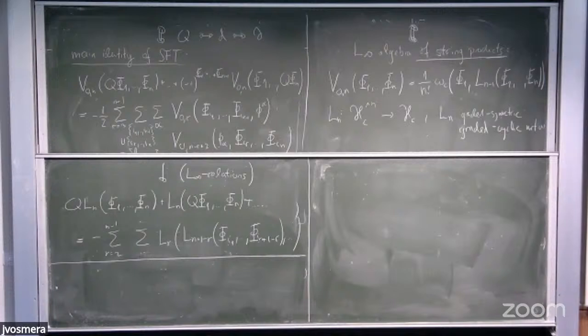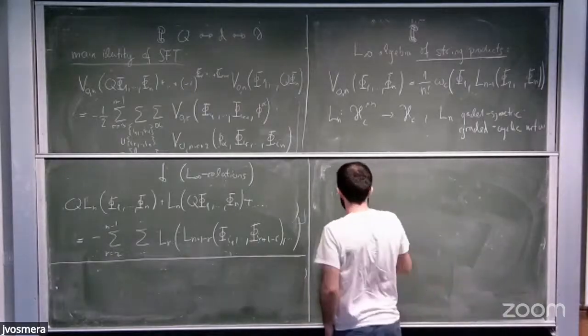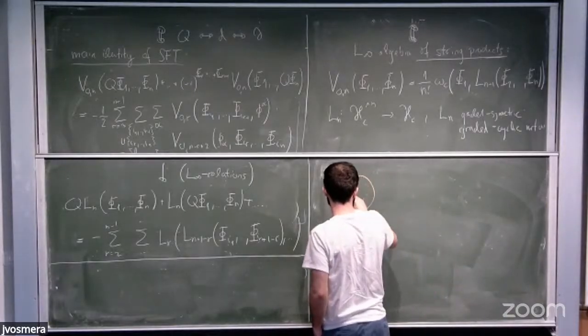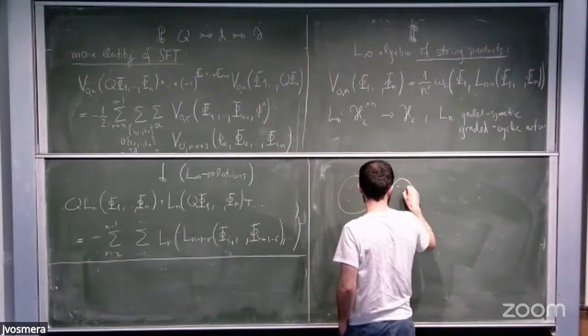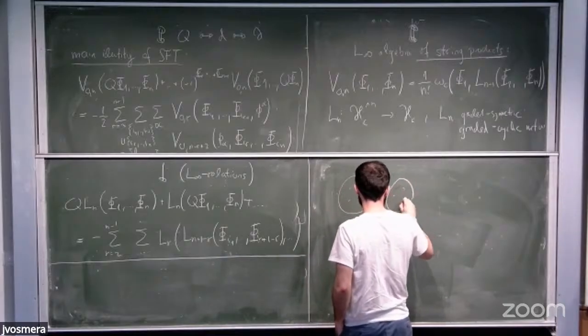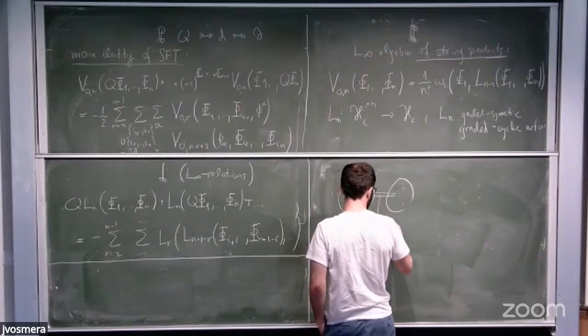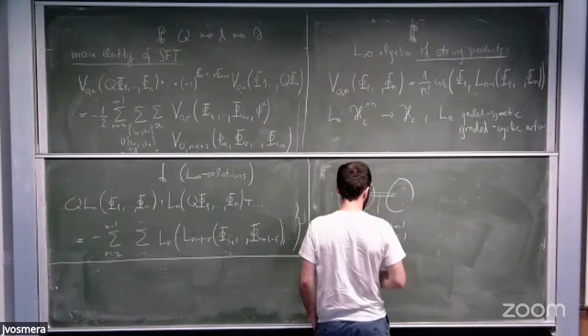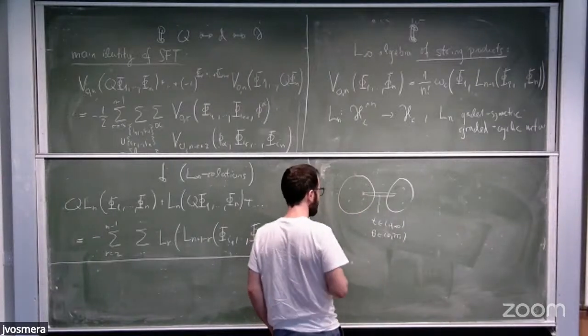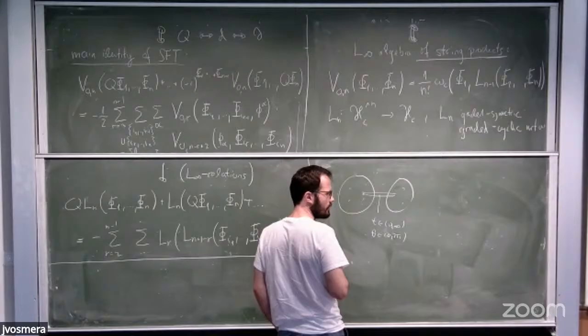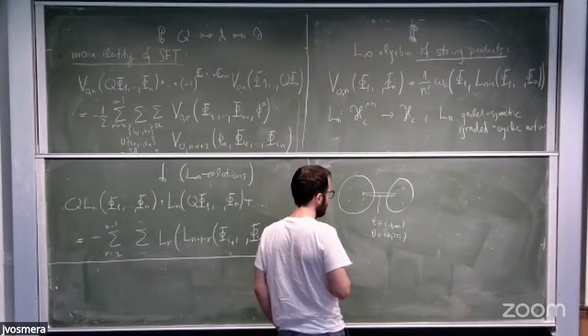If I just take two three-punctured spheres and I attach some cylinder here, and then I integrate over t from 0 to infinity and theta from 0 to 2 pi, then this doesn't cover the moduli space of the four punctures, even after you sum over different channels.